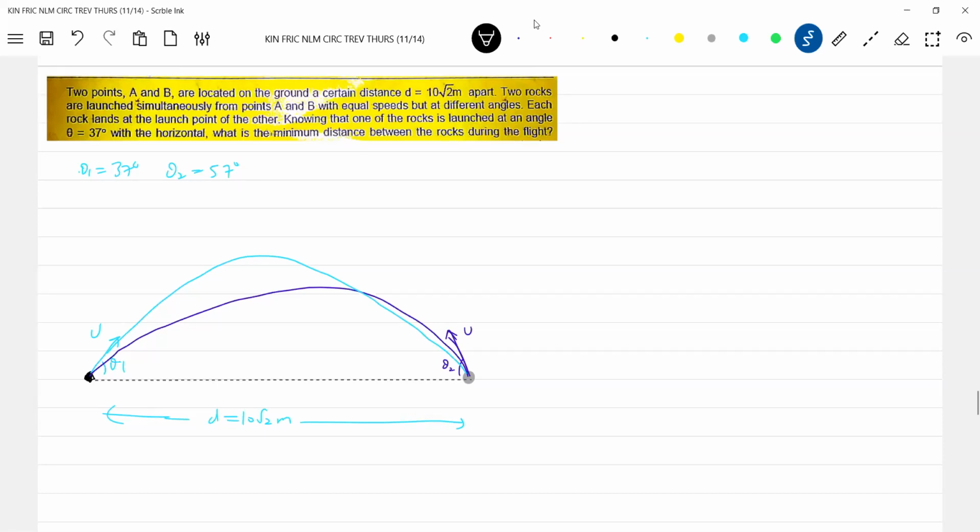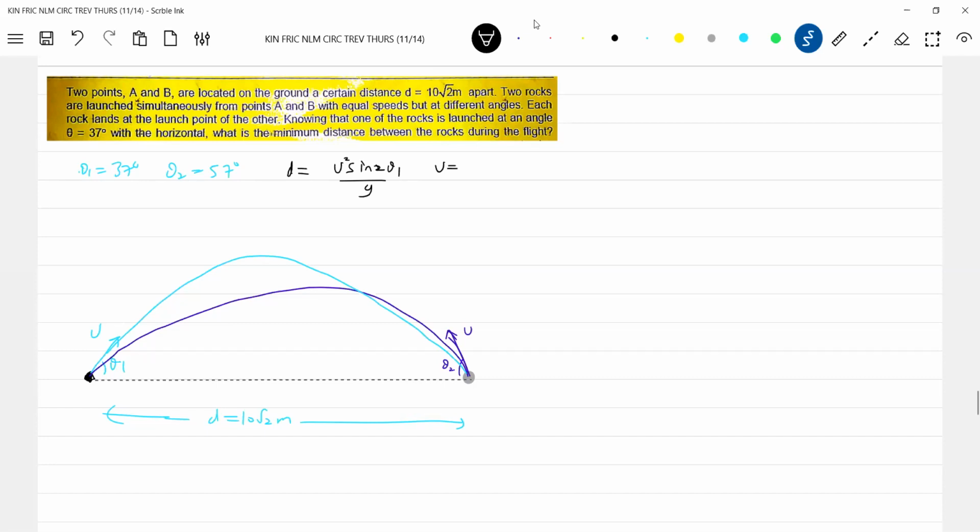Can we calculate the speed of projection also? We know the range, so this range should be equal to 2u. Anybody value u?